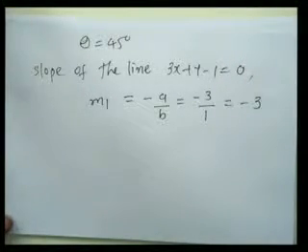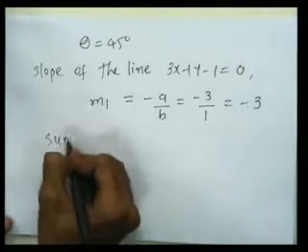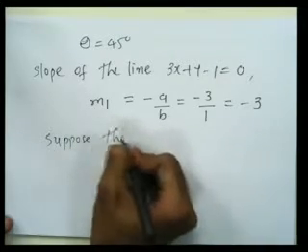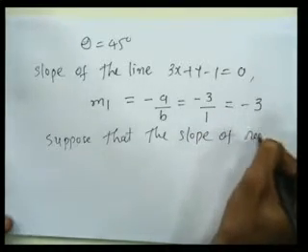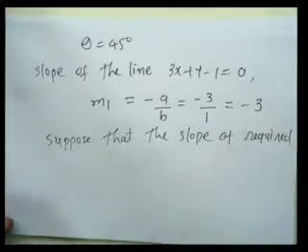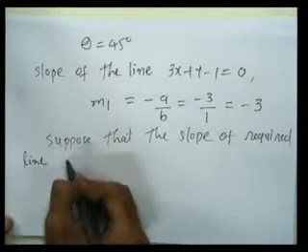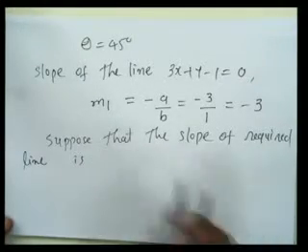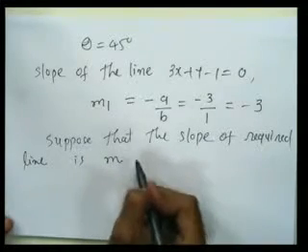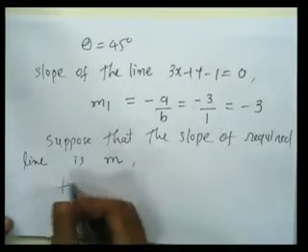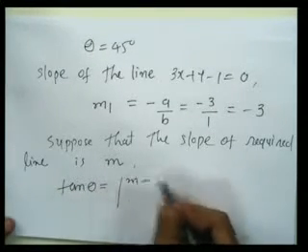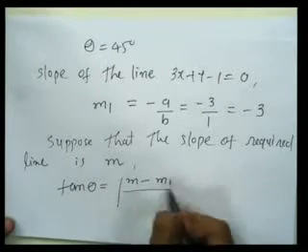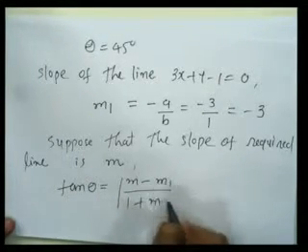So as per our formula, if we suppose that the slope of the required line is m, okay, then tan theta is equal to, in mod, m minus m1 upon 1 plus m into m1.